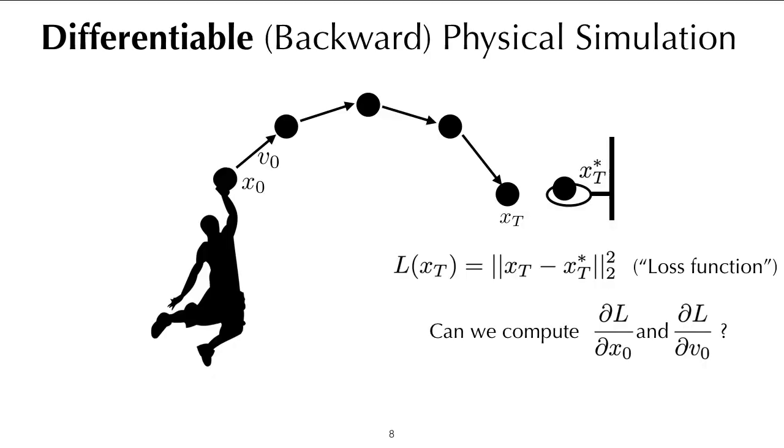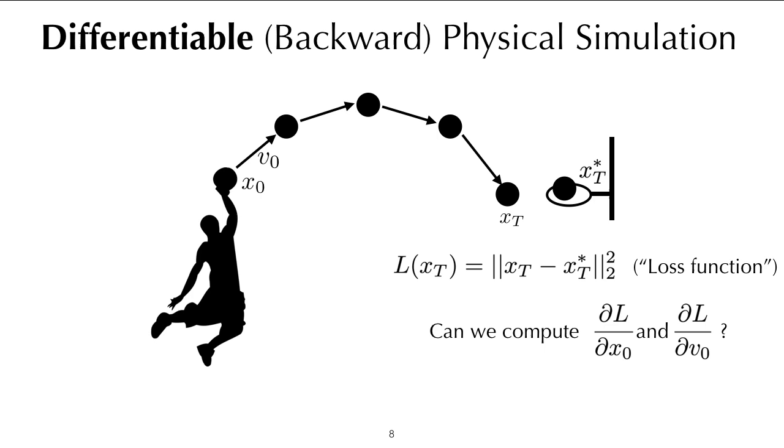What is backward simulation? It's actually pretty easy as well. So before we start doing backward simulation, it's important to define a loss function. And here, let's define the loss function to be something like the square distance between the target position x_t star and the final position x_t.